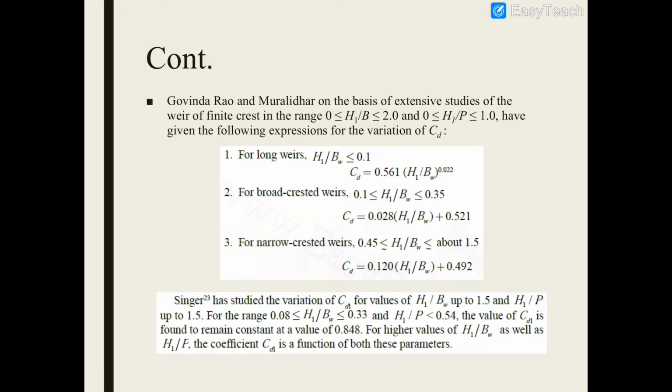Singer has studied the variation of CD1 for values of H1 upon Bw up to 1.5 and H1 upon P up to 1.5.